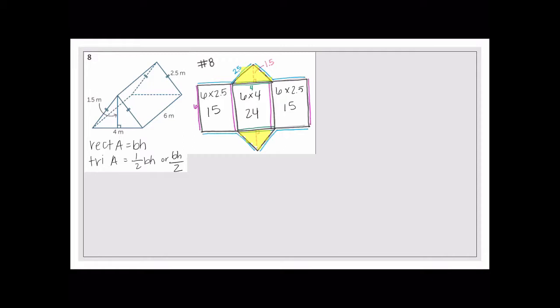And so for our triangles, our 4 is our base. And actually, this 1.5 is our height. So you're going to do 2 times 1.5, which comes out to 6. And then you're going to divide that by 2, which comes out to 3. So our triangles here are both 3.